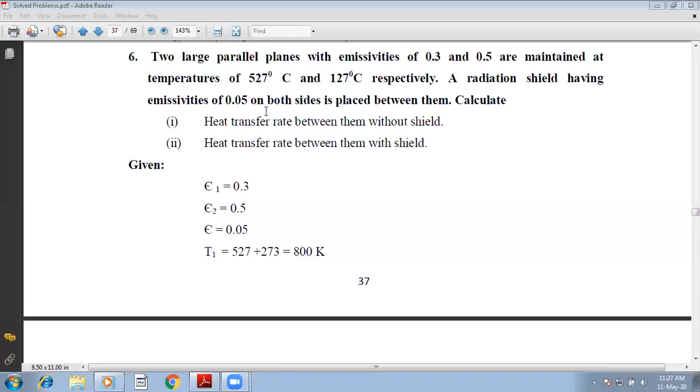We need to calculate, in the first bit, the heat transfer rate between the two plates without the shield. In the second bit, the heat transfer rate between the two parallel plates with the radiation shield.